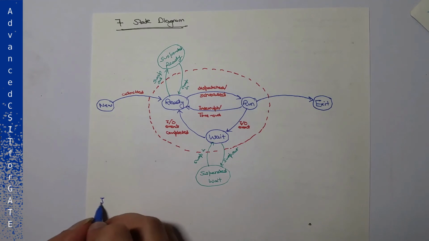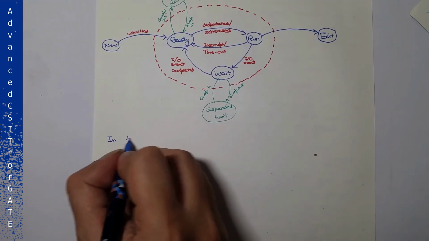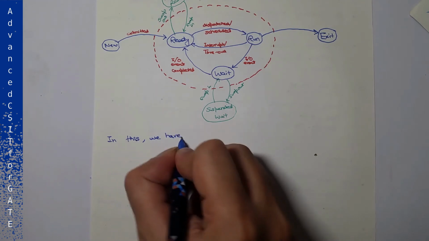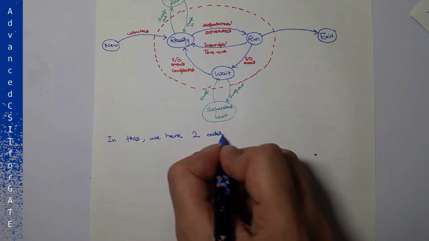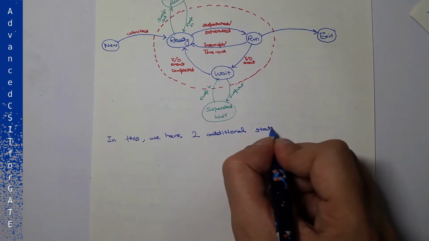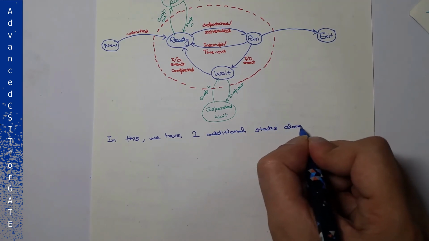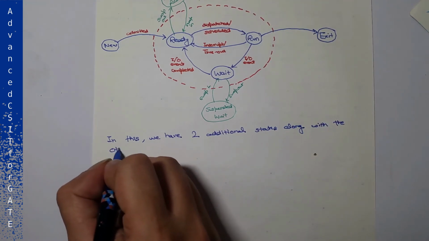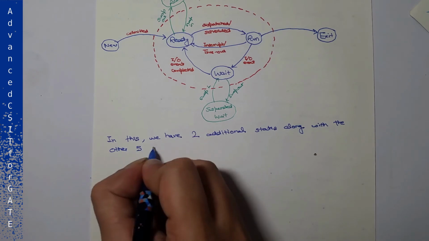We can write as, in this, we have 2 additional states along with the other 5 states from 5-state diagram.